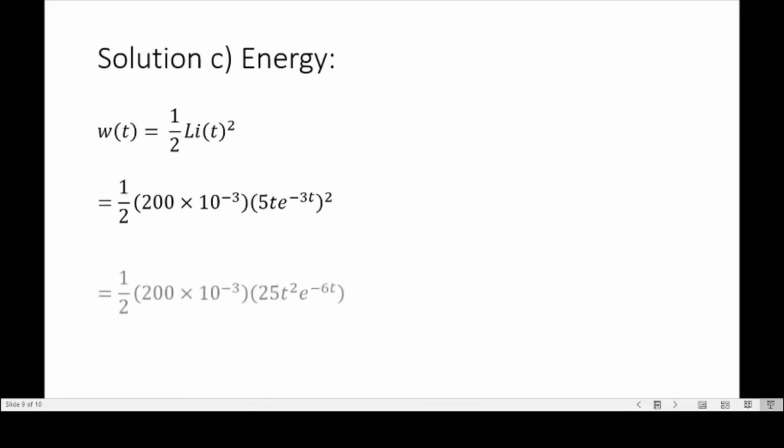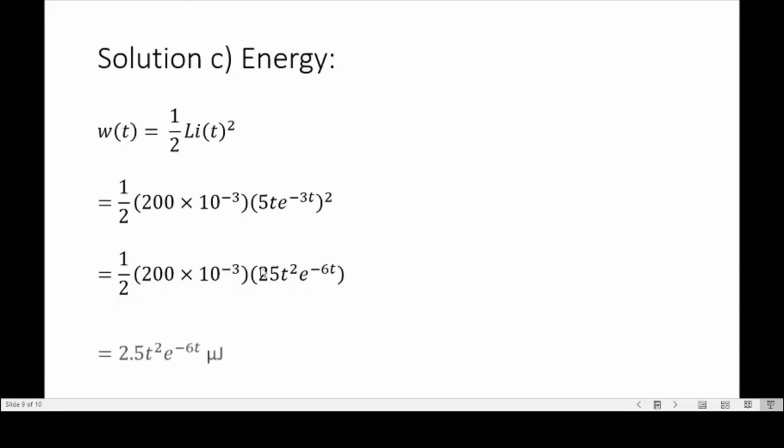Squaring it, we could simplify it. So 5 squared is 25, t squared, e to the negative 6t. Remember, negative 3 minus 3 is negative 6. And we could simplify that even further, and we end up with 2.5 t squared e to the negative 6t microjoules.